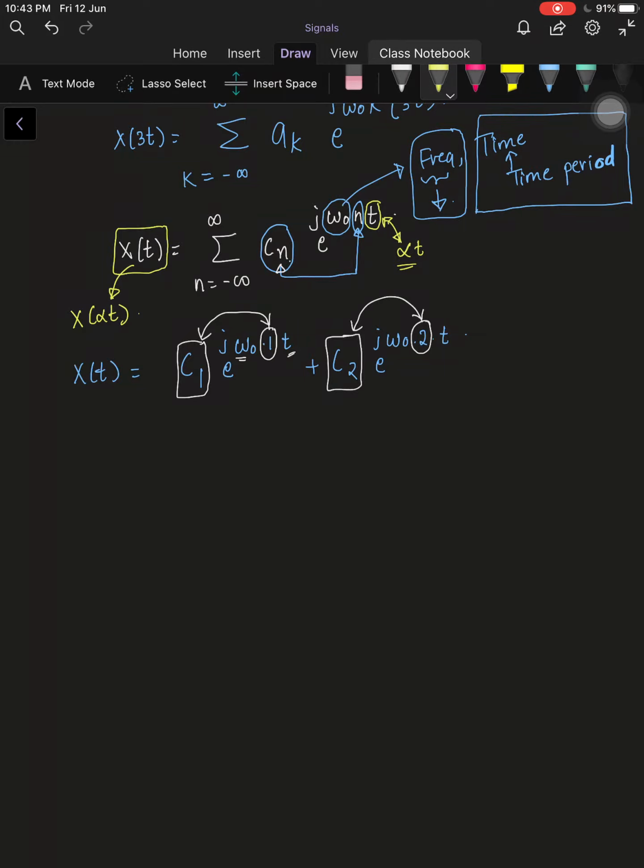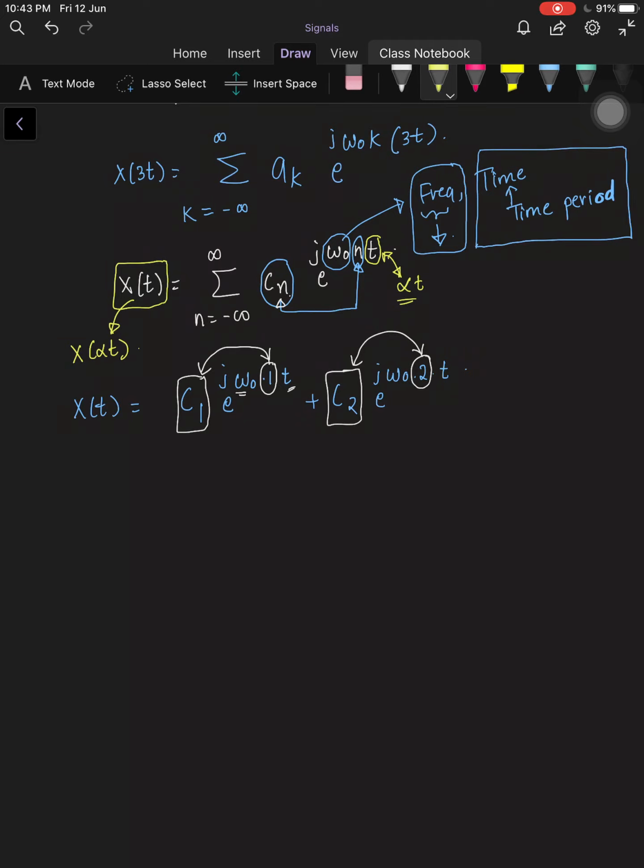If we use this in our present question, x of 3t is the sum over k from minus infinity to infinity of ak e power j omega naught k into 3t. As I have explained, if we are changing t, then it only changes the value in the time domain, and that is not affecting our Fourier series coefficient.